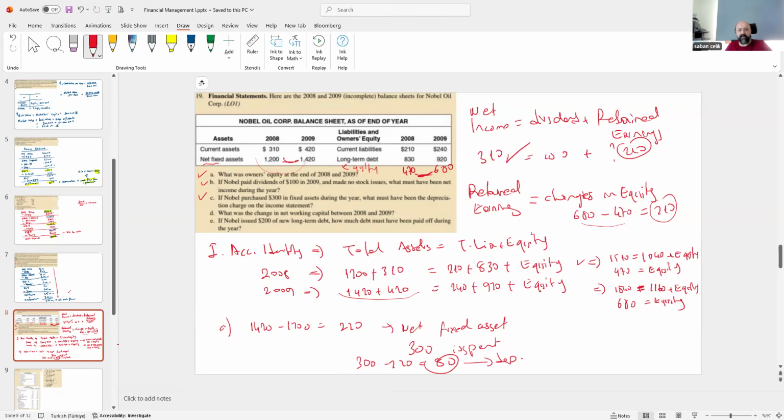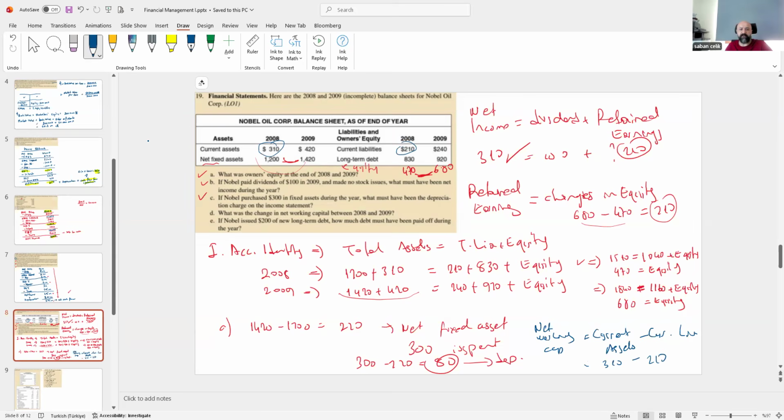Okay, D, what was the change in net working capital in 2008 and 2009? Well, net working capital, remember, is the difference between current asset minus current liabilities. So it's very easy to calculate. Please calculate by yourself. For 2008, current asset is 310 minus 210.